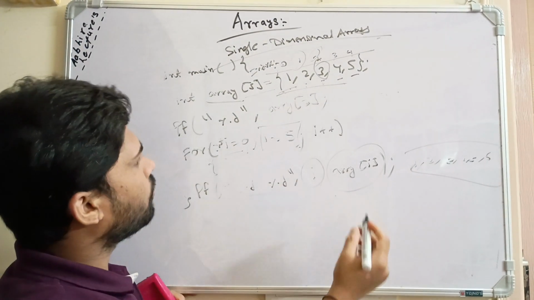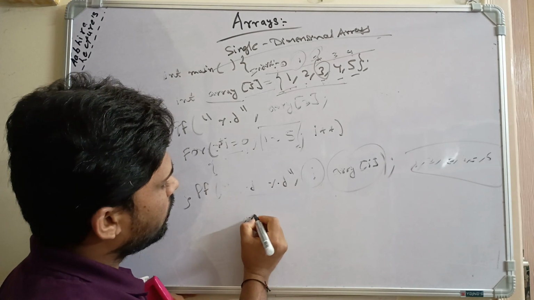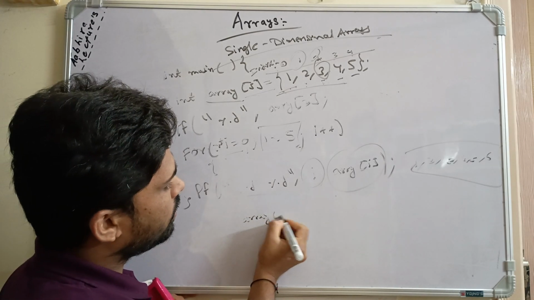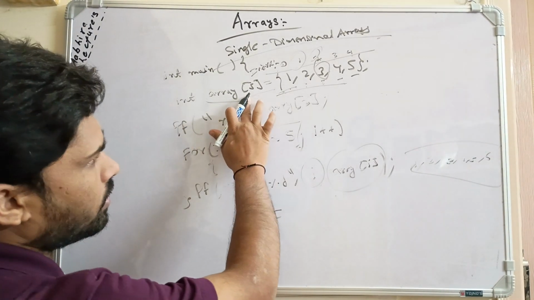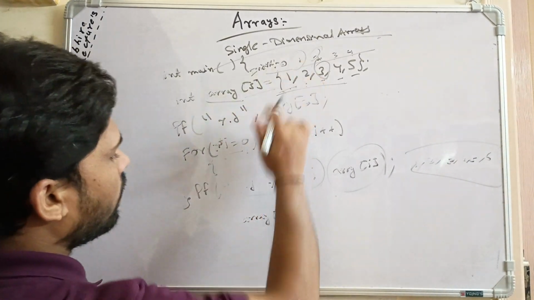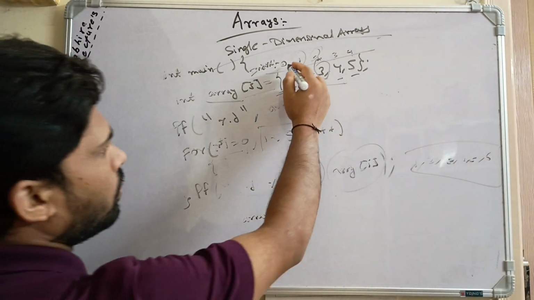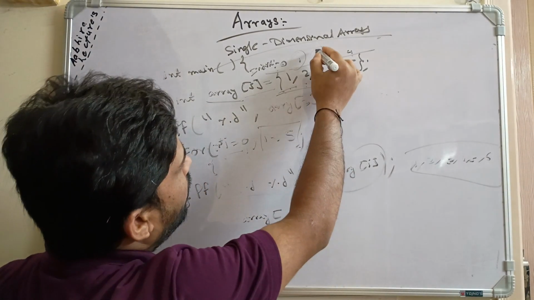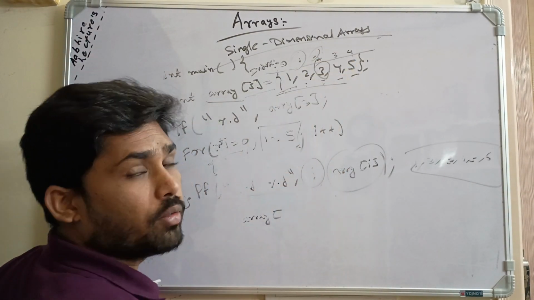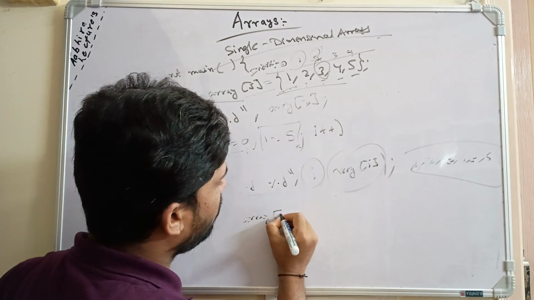But if I want to modify, suppose array of 5 is the given size. So in the array, index 0 means 1 is already initialized, 1 means 2, and so on. So if I want to change here, index of 2 means 3 is the value, right? So I want to change index of 2.